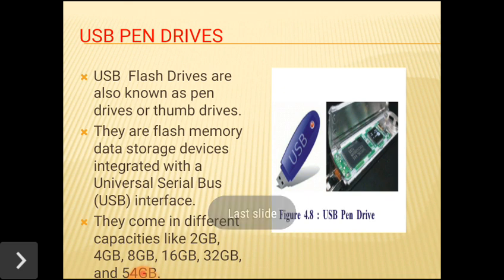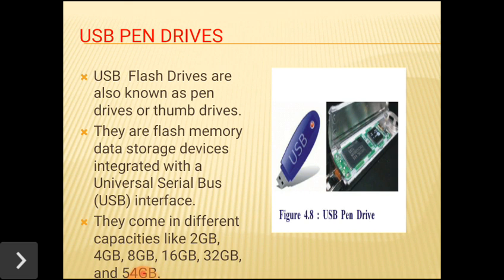Now, USB pen drives. USB flash drives are also known as pen drives or thumb drives. They are small, portable, and rewritable. They are flash memory data storage devices integrated with a universal serial bus, means USB interface. In this figure, you can see a typical USB.